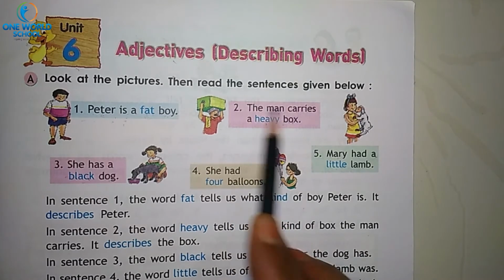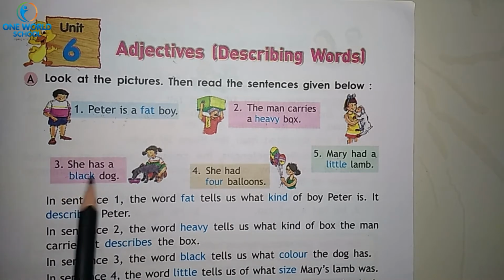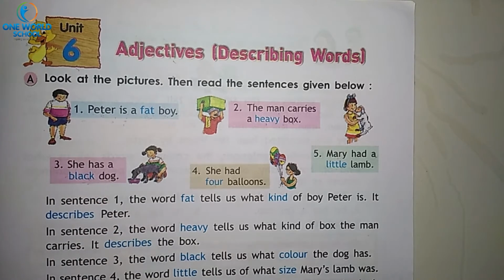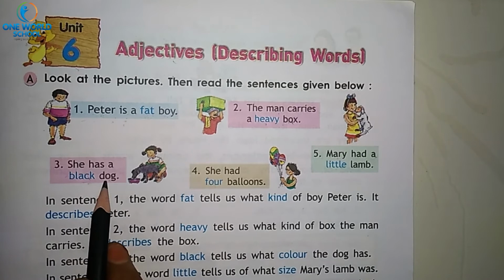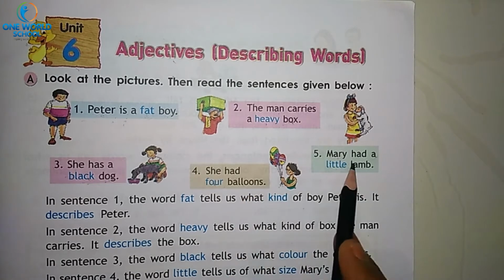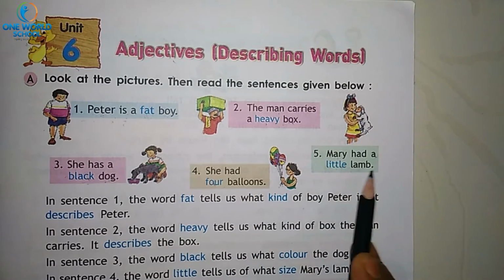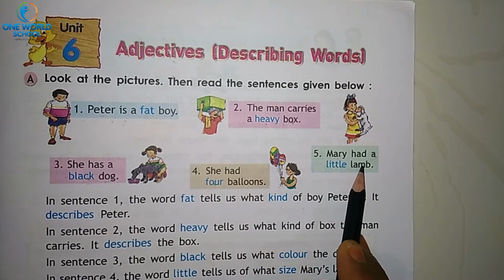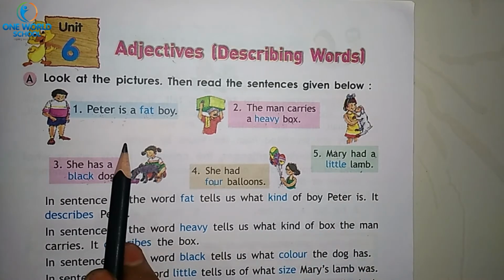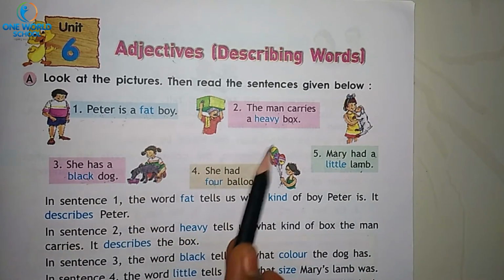Here the noun is dog, and in statement 4, the noun is balloons, and here the nouns are Mary and lamb, because lamb is the name of an animal and Mary is the name of a person. So now we have been able to identify the nouns.